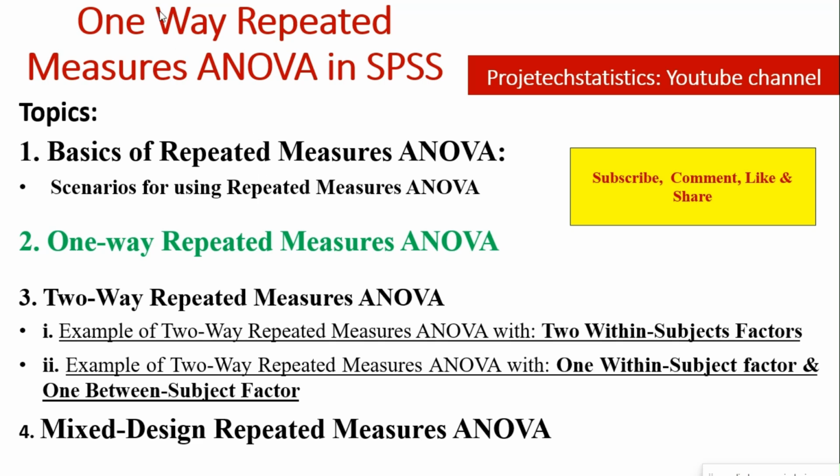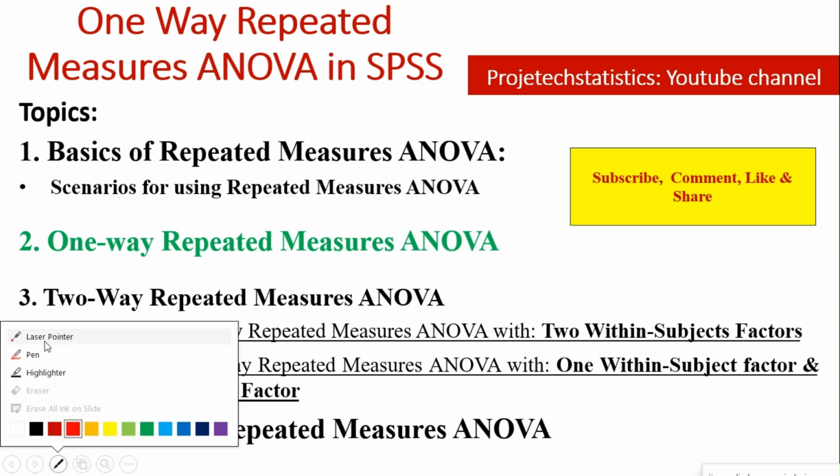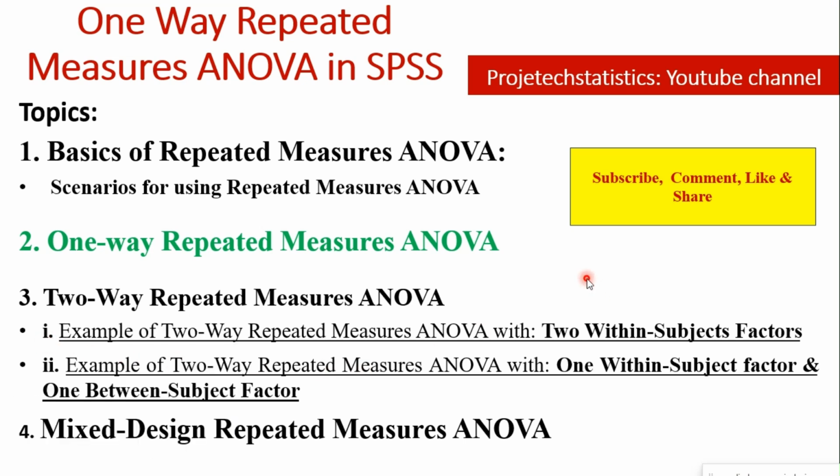But for today, we are dealing with one-way repeated measures ANOVA, and I encourage you to look for the video on the basis of repeated measures ANOVA so that you understand the basis before moving to the one-way repeated measures ANOVA. We also have other videos on two-way and mixed design repeated measures ANOVA, so I encourage you to watch those videos.